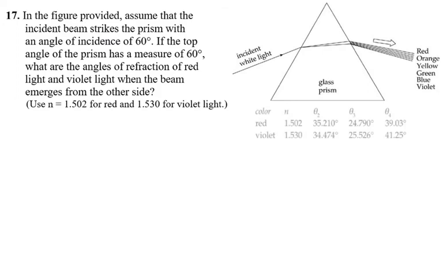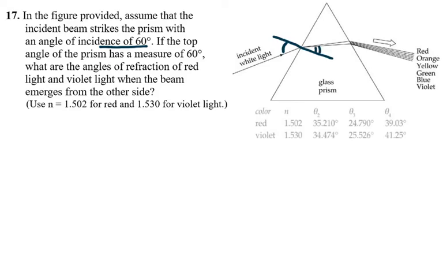Here's another example. In the figure provided, assume that the incident beam strikes the prism with an angle of incidence, and they give you angle of incidence 60 degrees. So that means if there was a perpendicular, this would be your angle of incidence, and this would be your angle of refraction.